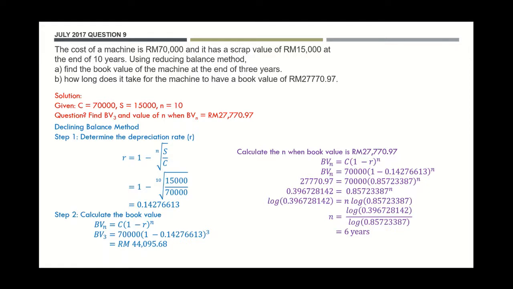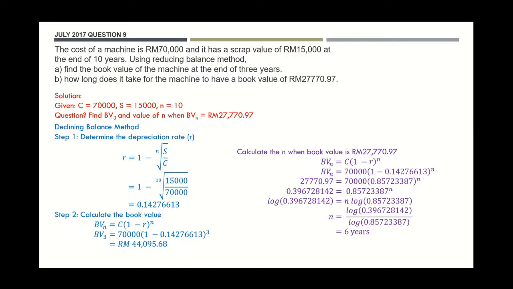You take log 0.396728142, and the right hand side becomes N log 0.85723387. So solving for N here, you get the log of 0.397 divided by the log of 0.8572, and you found that the value of N is equal to 6 years.